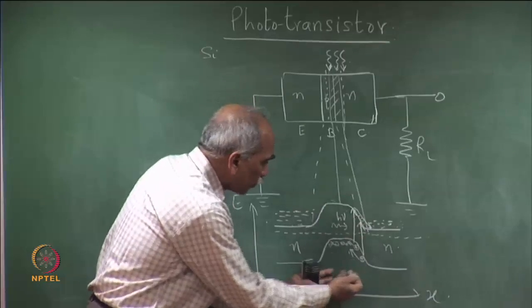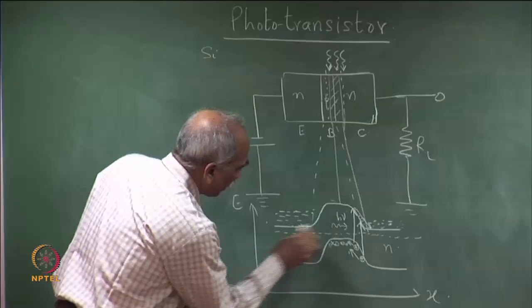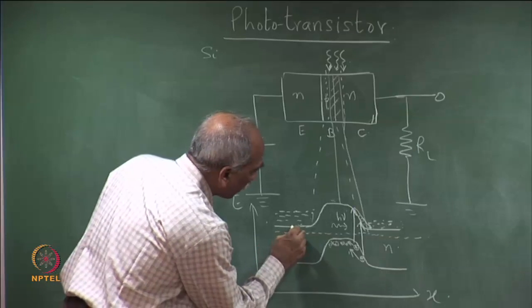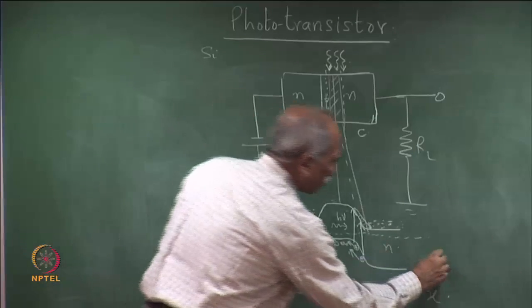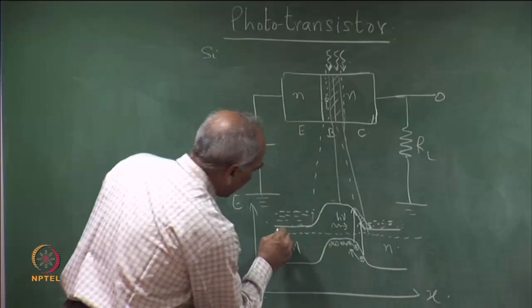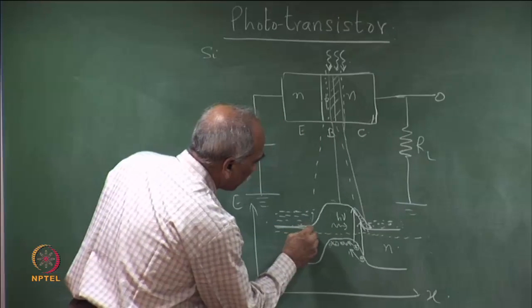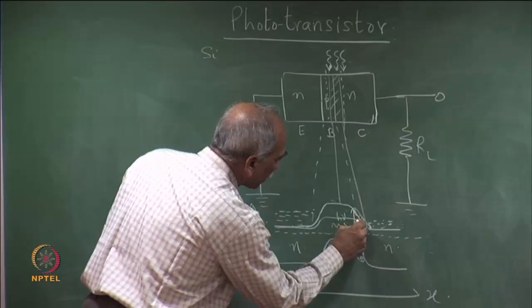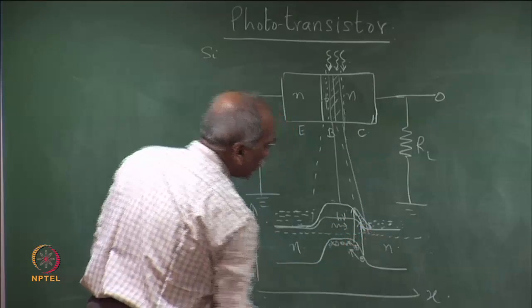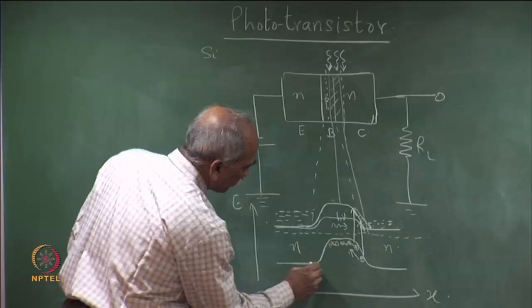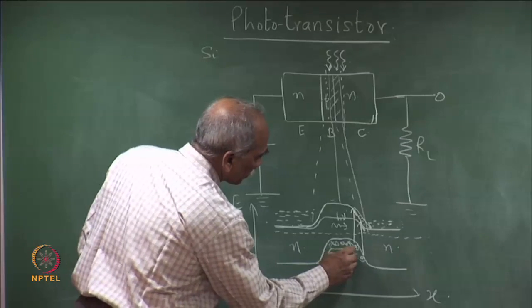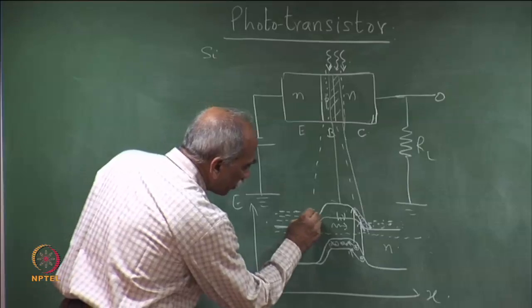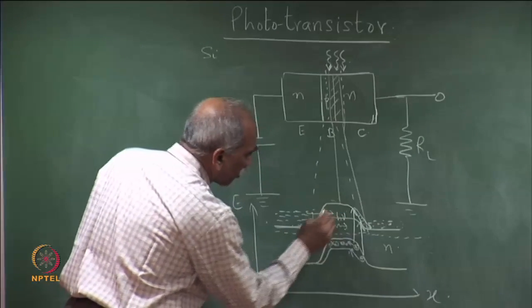Let me show schematically the barrier lowering. So, this comes down here. When the barrier is lowered, electrons rush from here.